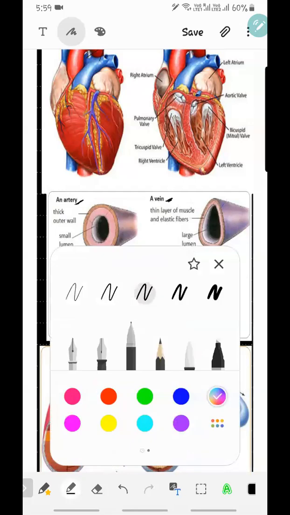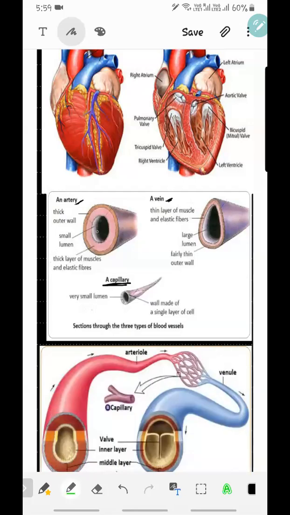And one more thing to note here, that artery will have a, this vein will have a, this is called as valve.